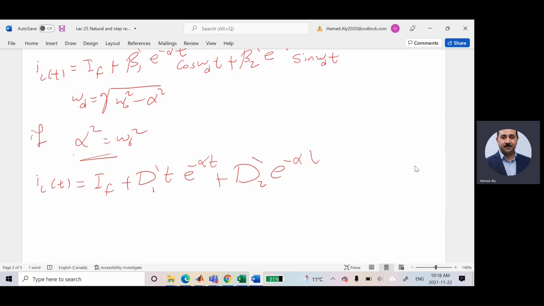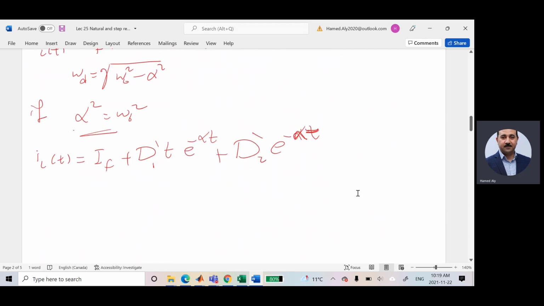Here we are talking about parallel RLC in the case of step response. Let us see similar cases in natural response and step response, but for series RLC.